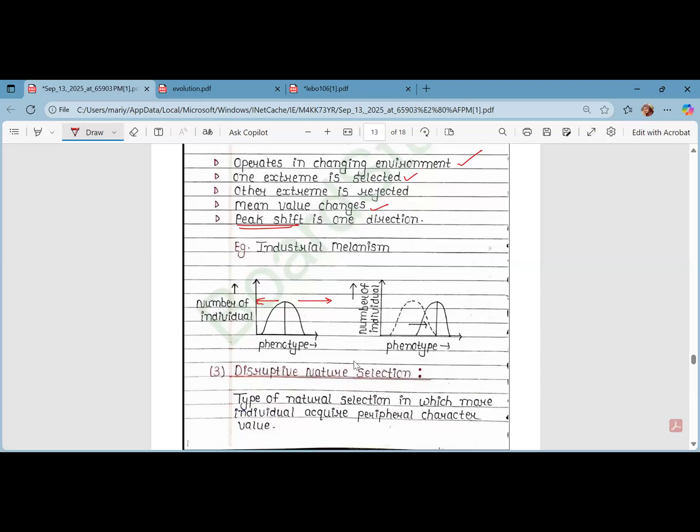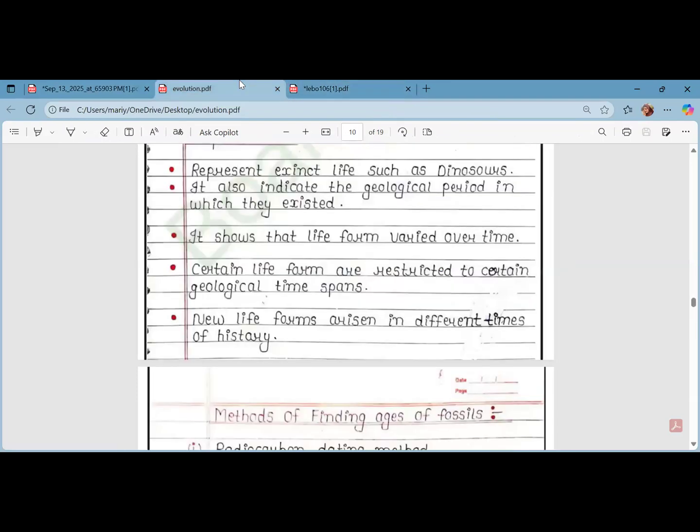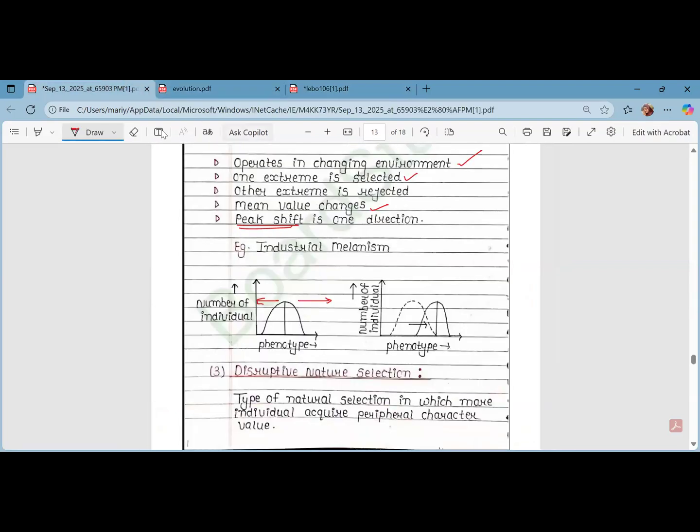Then the third is disruptive natural selection. So here, instead of the mean value, more than one value is selected by nature. So that will be disruptive, wherein you will get two peaks: peak number 1, peak number 2. This is called disruptive natural selection.